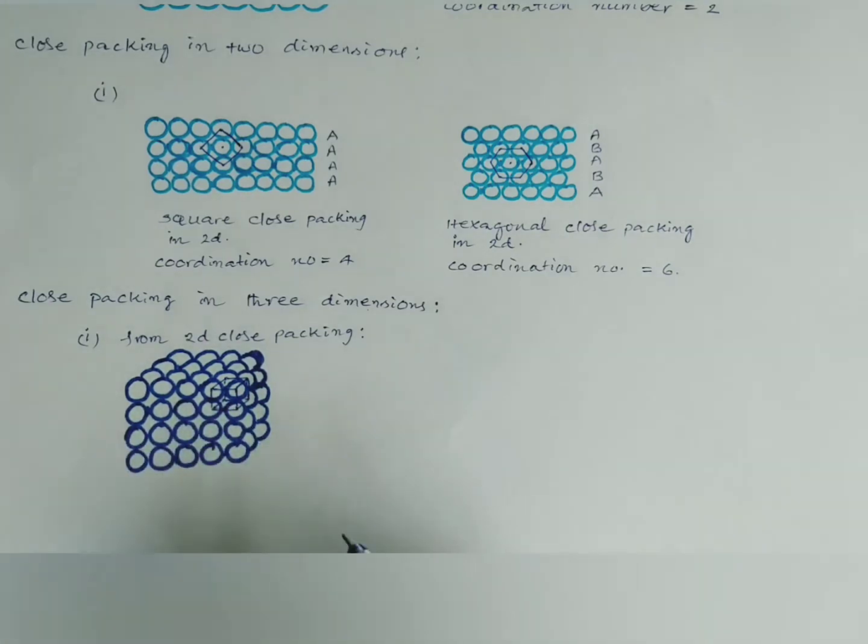Because they are aligned horizontally as well as vertically. So even if you take this layer just behind this first layer, that is also in perfect alignment with the atoms present in the first layer. So we will get an arrangement of a simple cube.